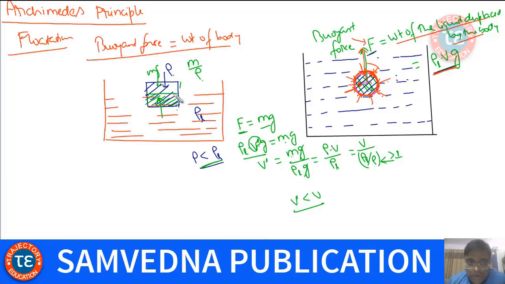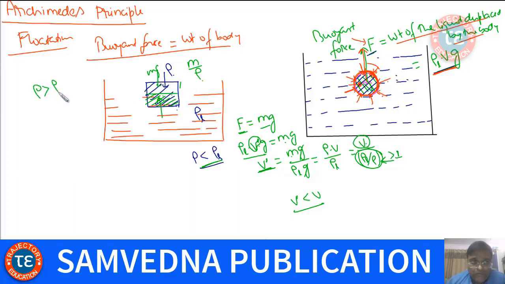Mass is rho of this body into volume of this body, right? So this can be written as V upon rho L by rho, where V is the volume of the body which needs to float. So the volume of water which needs to be displaced is less than V, because this is more than 1. So only a part of the body is going to emerge, and that will be enough for it to float, right?